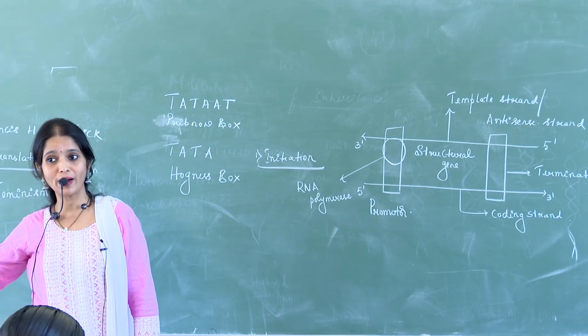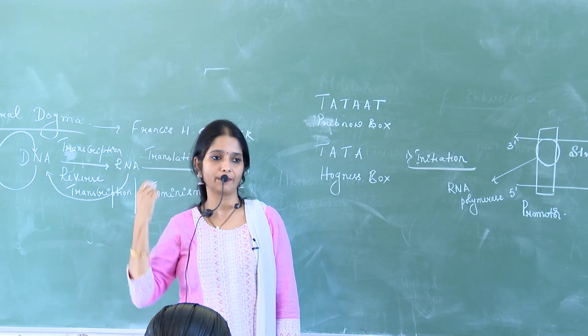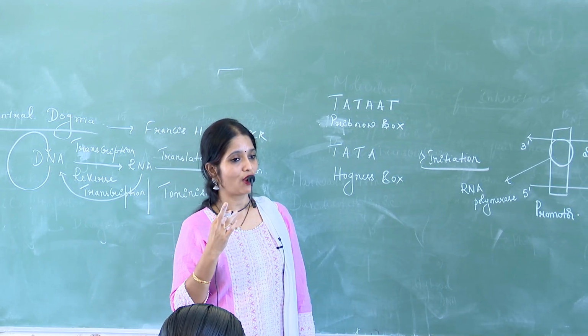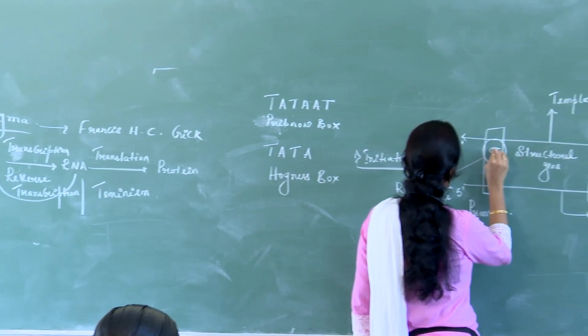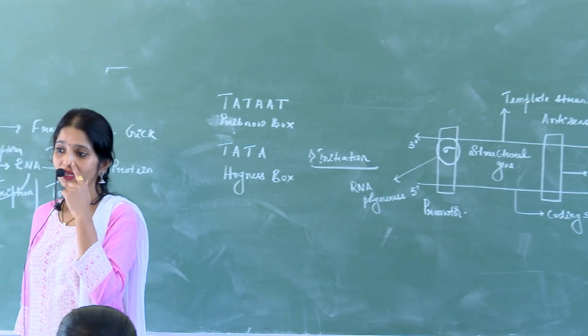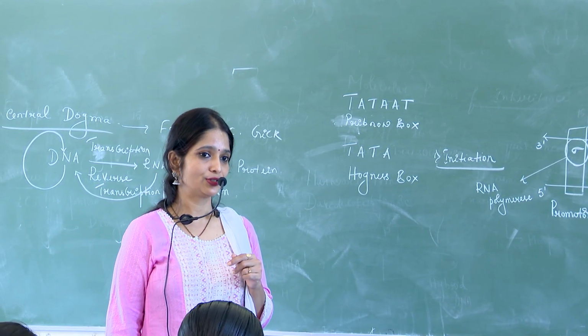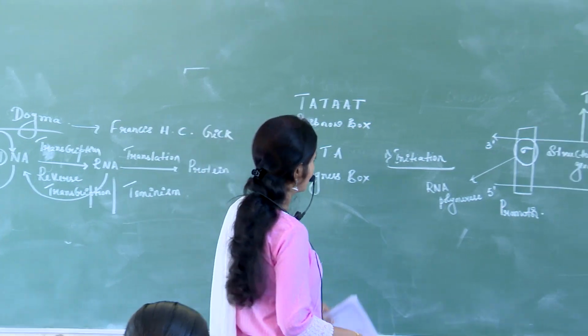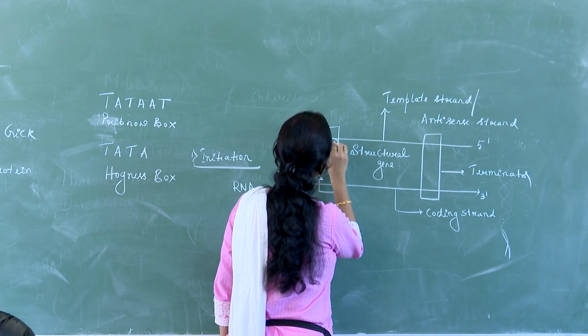For this binding, one factor is required. That factor is called the sigma factor, right? So sigma factor is required for initiation. Yes. So the synthesis of RNA begins opposite to which strand? Template strand.